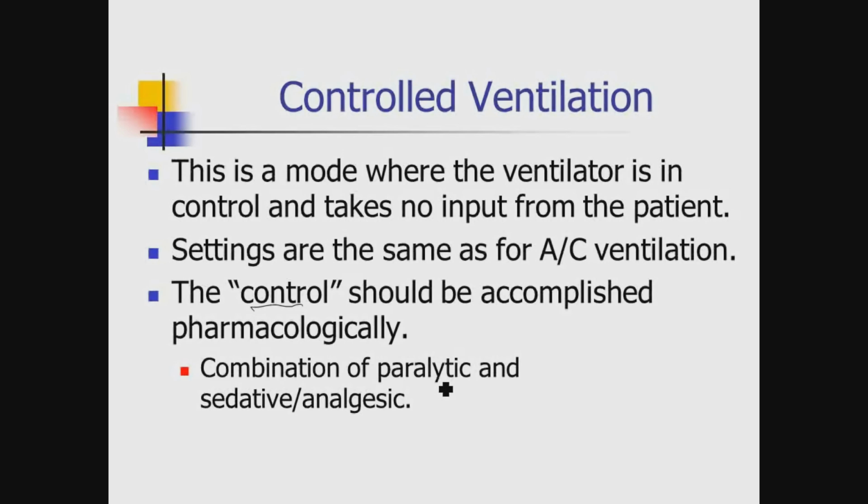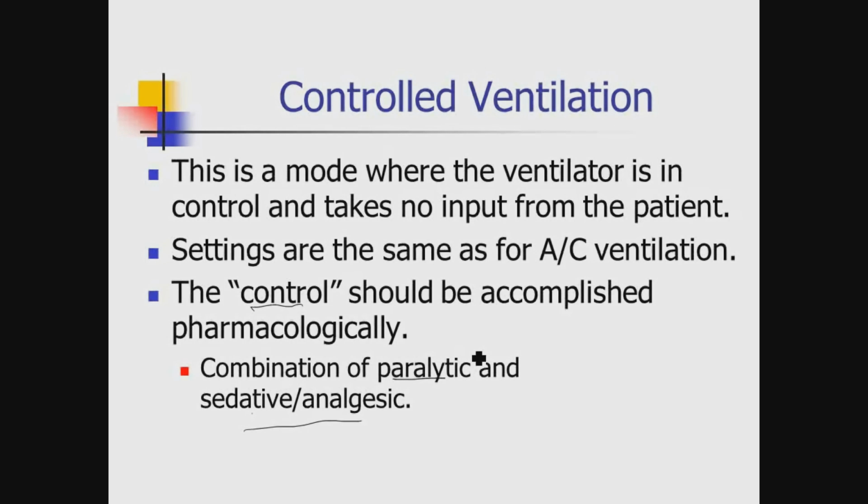In what situation would you really want to do that? We would pharmacologically control with analgesia and sedatives along with a paralytic for patients that are fighting the ventilator, where the attempt to ventilate, they're just so desynchronous that we're just going to take over.